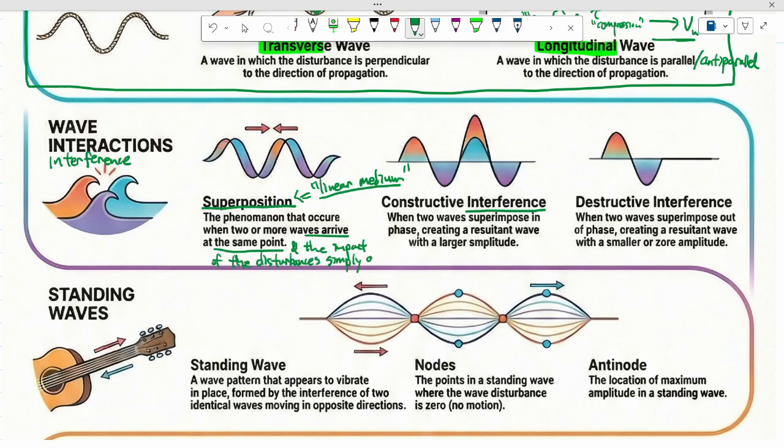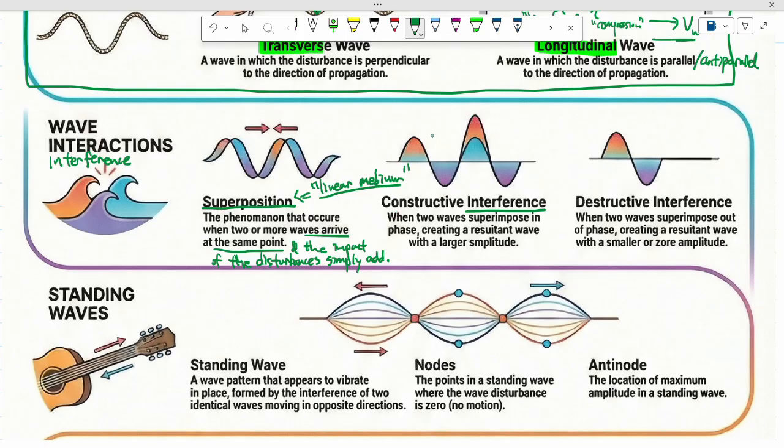No complicated mathematical operation, and that simple operation is a result of the two waves, frankly, not interacting with each other. The one wave moves as though the other wave wasn't there. Now, that doesn't mean there aren't interesting features that you get to see.